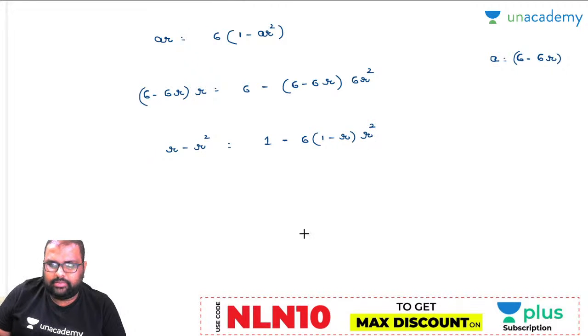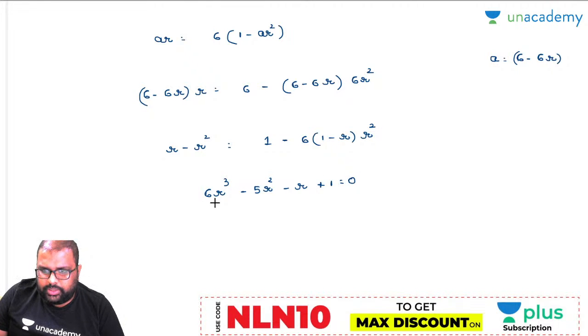Yes, perfectly done. Finally, upon crisscrossing and rearranging this equation, it becomes 6R cube minus 5R square minus R plus 1 is equal to 0.